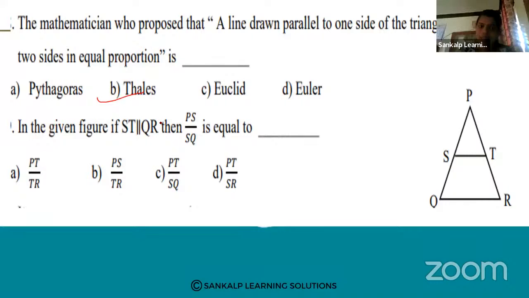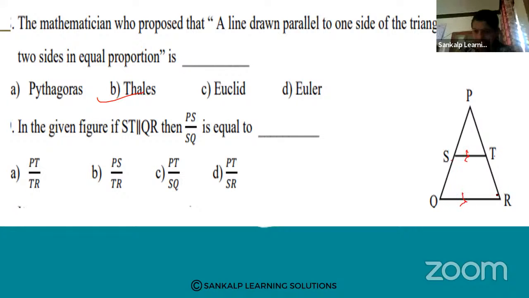Next, in the given figure, if ST is parallel to QR, then PS divided by SQ is equal to what? My dear students, observe carefully. Here one triangle is there. In that triangle, ST is parallel to QR, right?